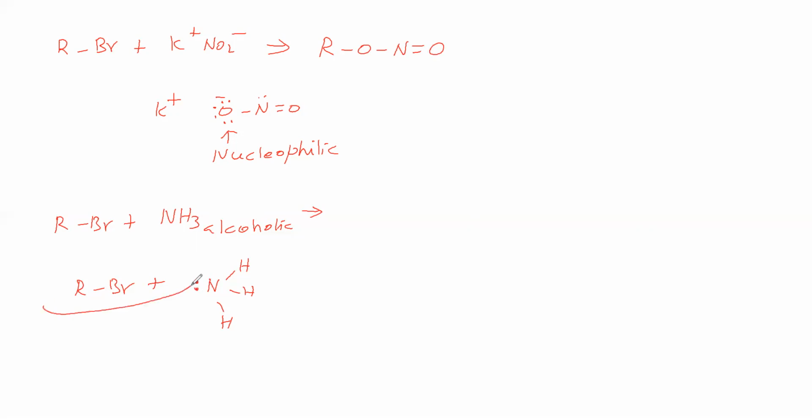So this is attacking, this Br is leaving, therefore it is the nucleophile. Nucleophilic center means this N. So we are getting RNH3 plus. From this H plus is leaving, therefore we will get RNH2.